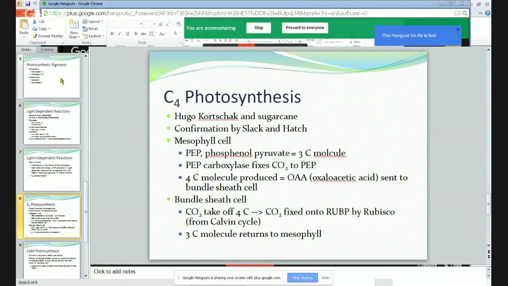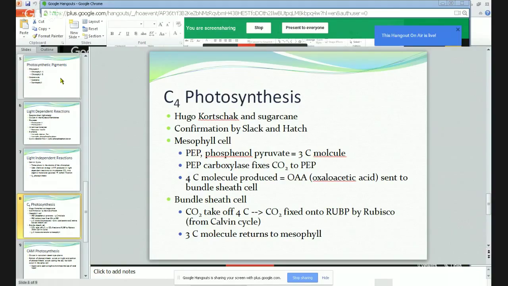In which case, one of those carbons from that malic acid or the aspartic acid is then going to pop off and join the oxygen, and then that's going to enter into the Calvin cycle. And then the rest of that Calvin cycle should look familiar. After we pop off that 1 carbon, we're left with a 3-carbon pyruvic acid.